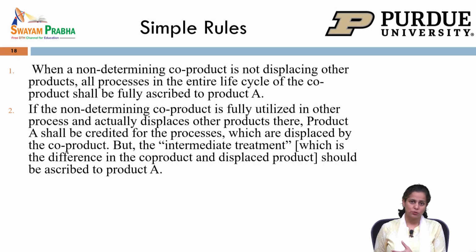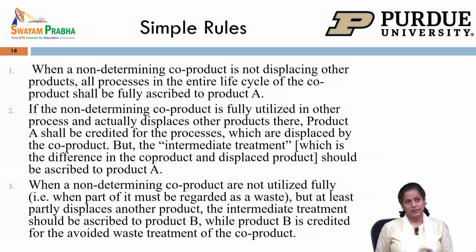If it is just going to waste, everything in the life cycle is going to be ascribed to the determining product, product A. If it is not going to waste and is fully used in the market after being reprocessed into some new material, then the intermediate treatment goes to product A, the original process, and the displacement credit is given to the original product as well.